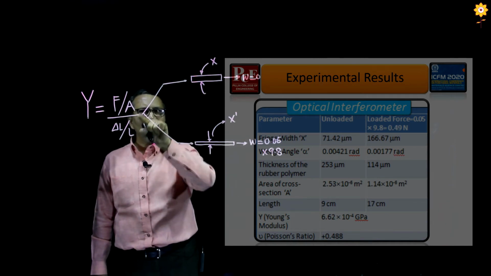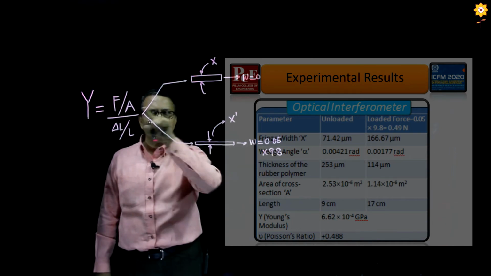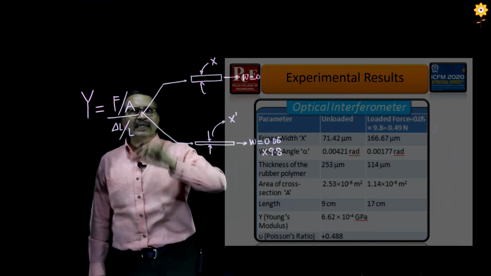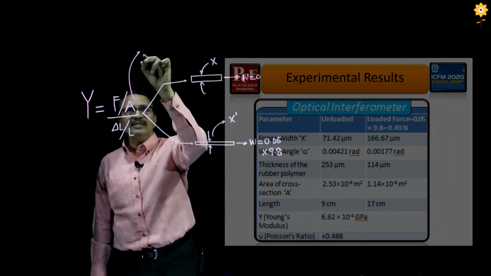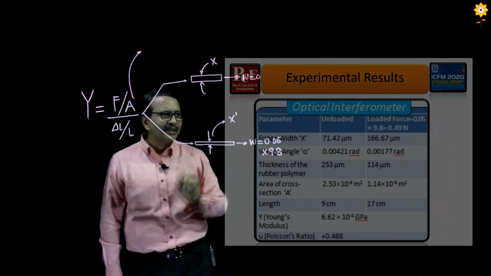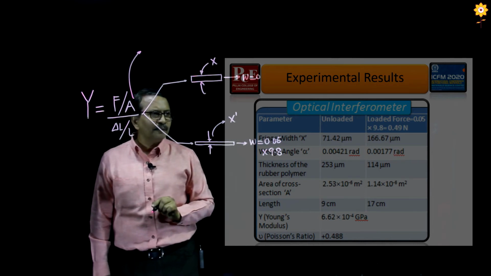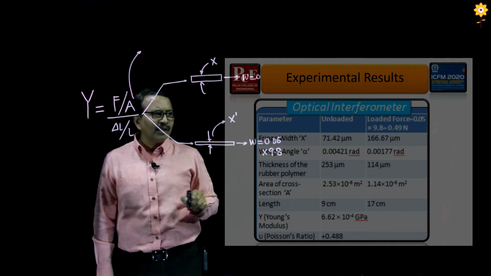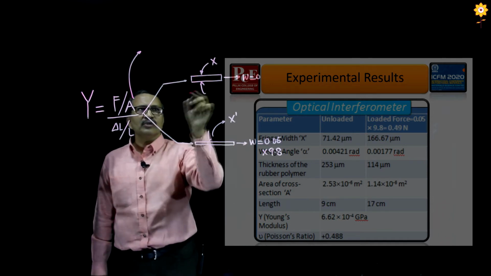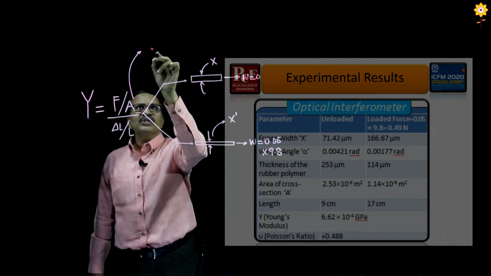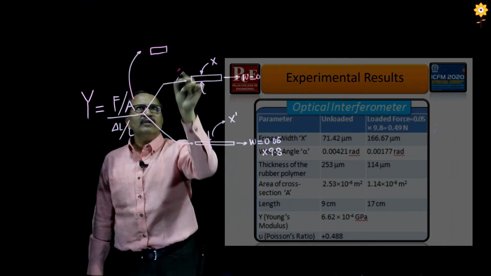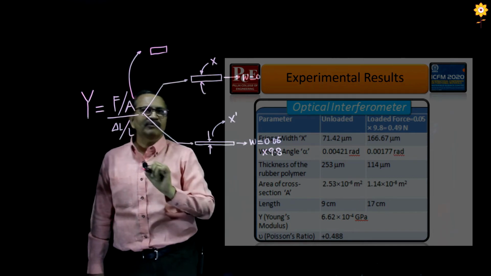So in this case, I will subject the force F over here. The cross-sectional area will be obtained in this particular way. Since I know the thickness, the thickness of the rubber polymer comes out to be 114 microns. So for the cross-sectional area, I am drawing the front view of this one.